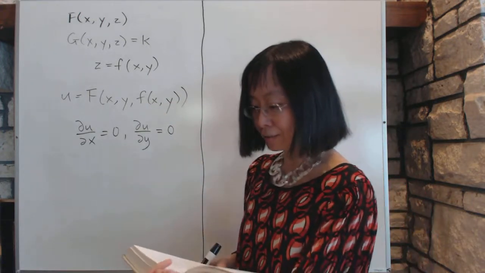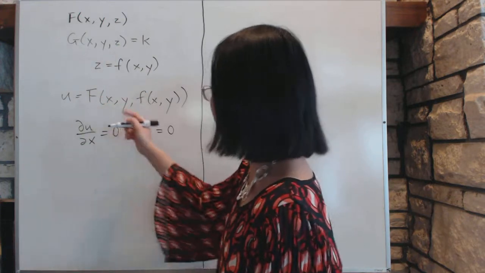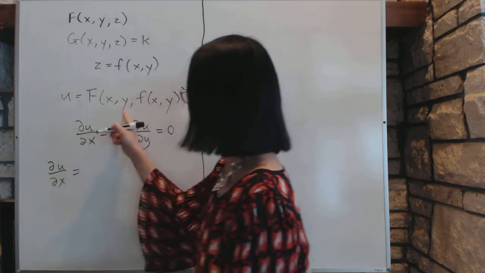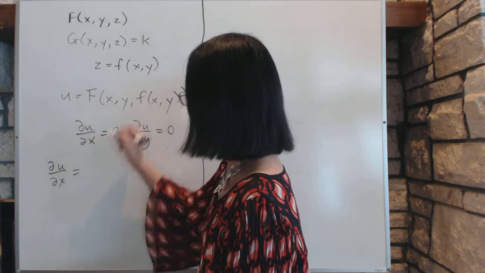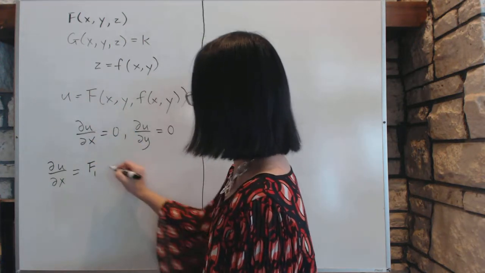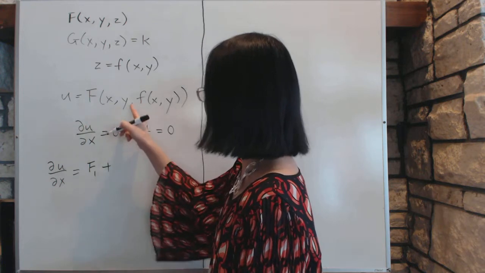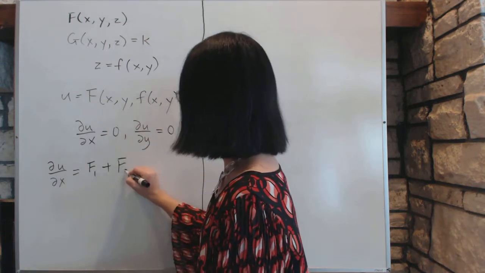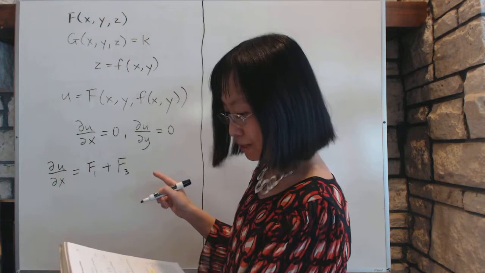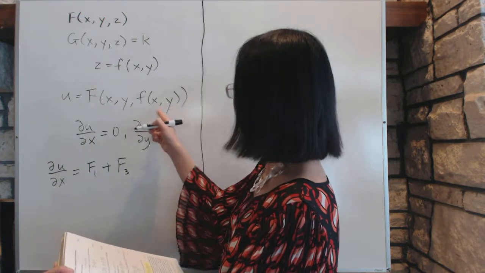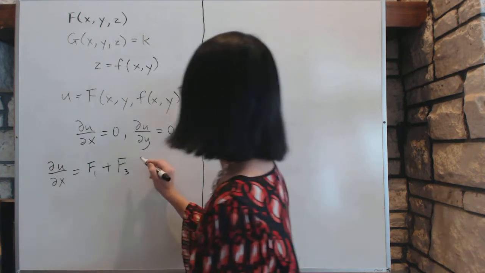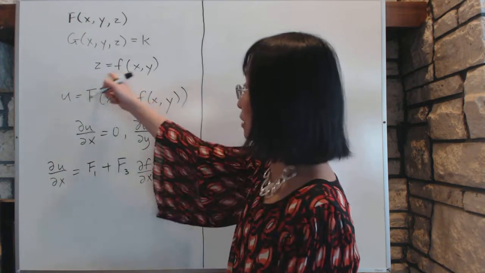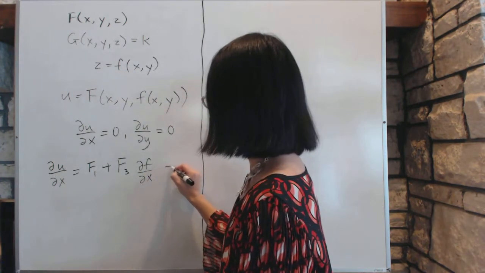Given that u is this thing, partial u partial x is going to be f1, plus f2 times 0, since y is a constant with respect to x, plus f3 times partial f partial x, which is the same as partial z partial x, because z is f, and this is equal to 0.